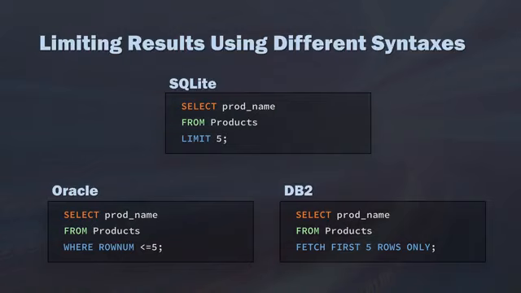If you understand it's limit 5, and then you switch over to a DB2 system, that's still something you can easily Google, saying, hey, I'm using a DB2 system and I want to be able to limit my results. What's the syntax to do that? Just know that in this example, we're going to use a limit 5 because we're working with SQLite. But you can see that for Oracle, you can use where the row number is less than or equal to a number. Then for DB2, you can use fetch the first 5 rows.